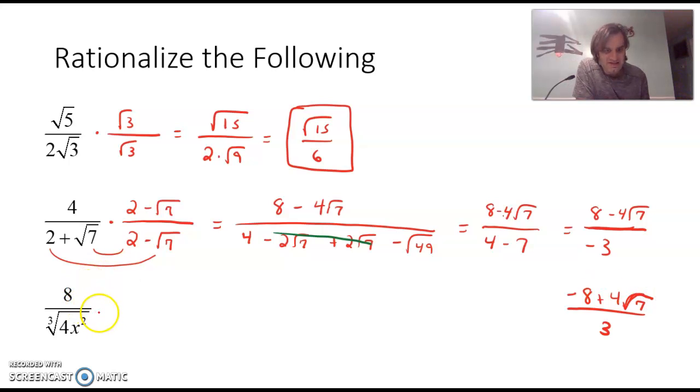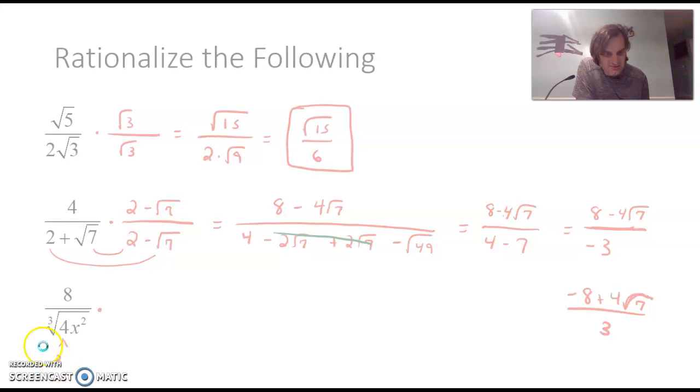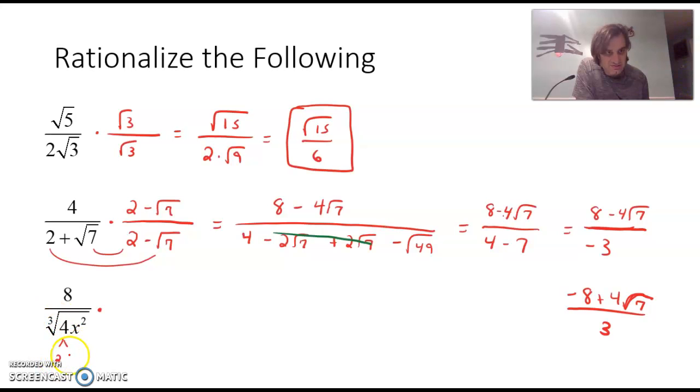All right, the last example here is 8 over the cube root of 4x squared. And remember that 4 is 2 times 2. Something happened with some lag there.